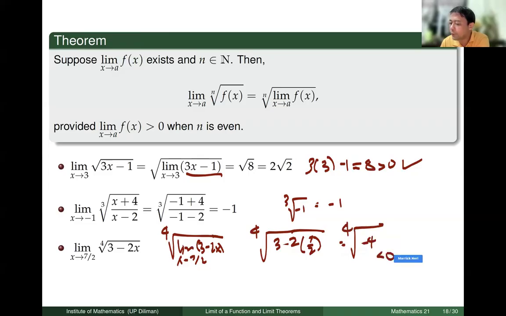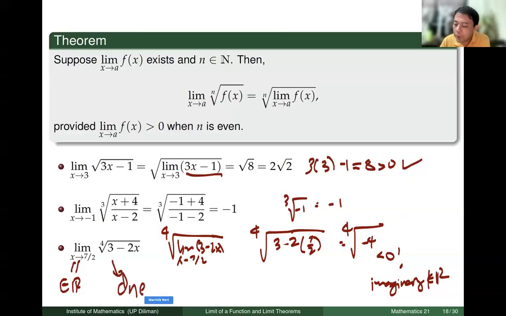So this one is less than 0. So this is imaginary, not a real number. So hence, the limit is always an element of the set of real numbers. So then we conclude that this limit does not exist. Okay.